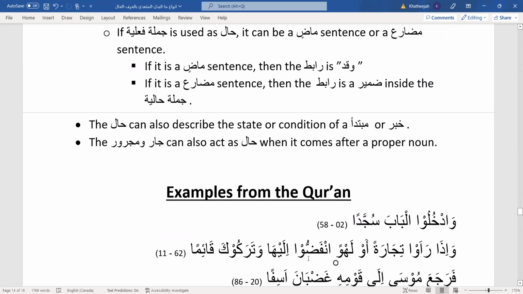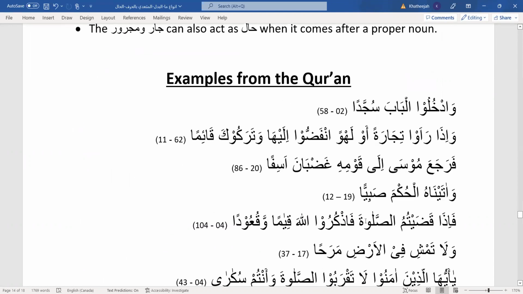Then we went over a few examples where a single word was used. For example, وَادْخُلُوا الْبَابَ سُجَّدًا, and you all enter the door prostrating. Sujjadan is a broken plural of sajid, an ismul fa'il. So an ismul fa'il is used as a hal here. Sujjadan is nakira.